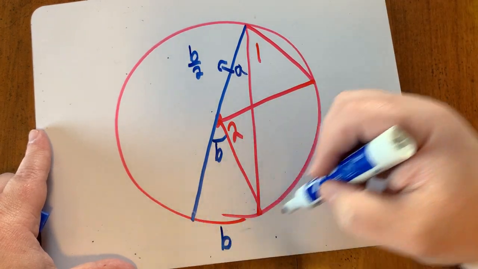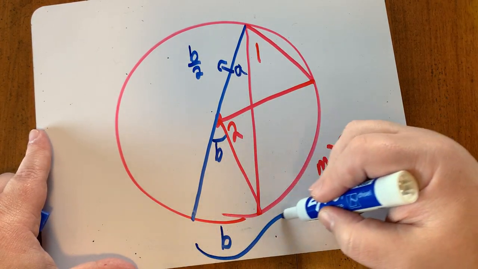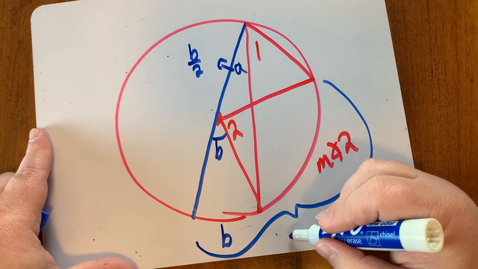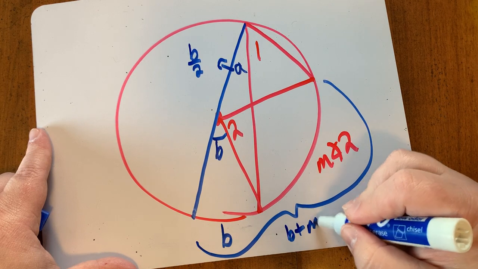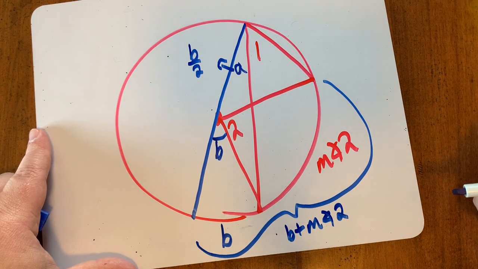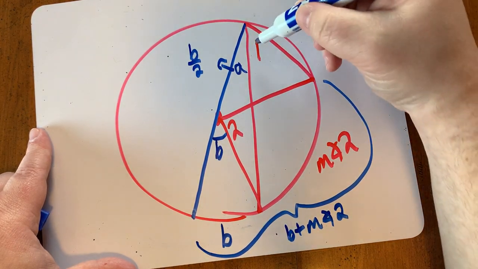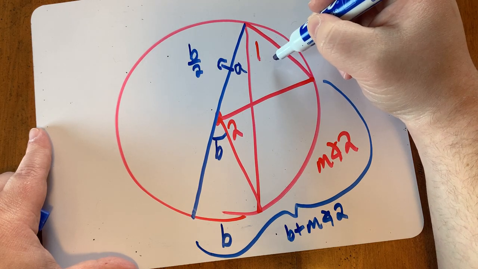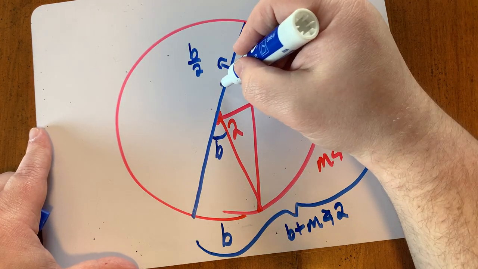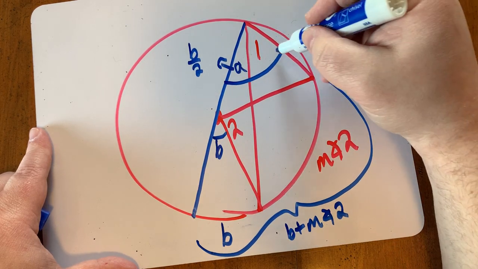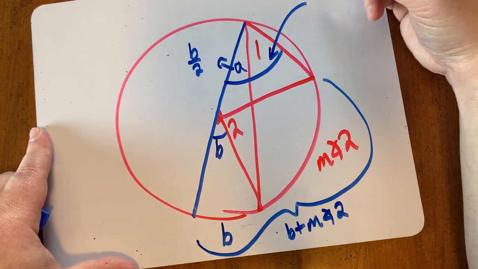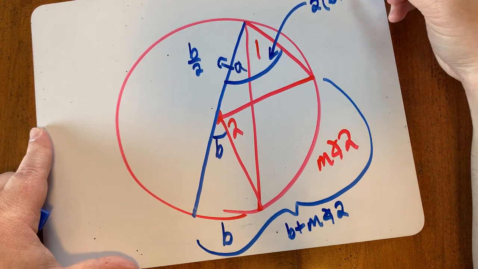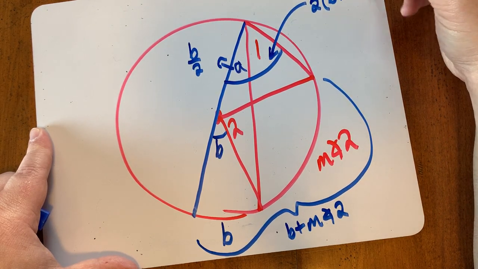Well, this whole thing would be B plus measure of angle 2. Well, this piece here, or this whole thing here, will be 1/2 B plus measure of angle 2.